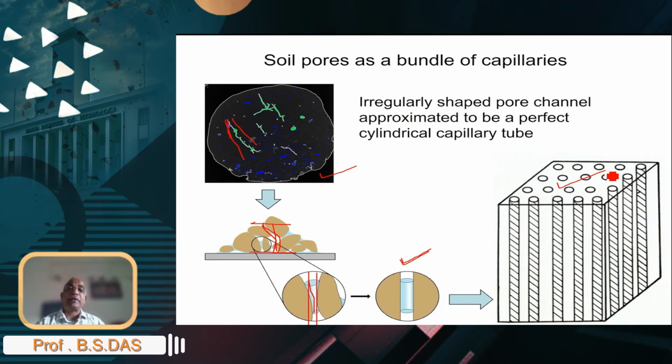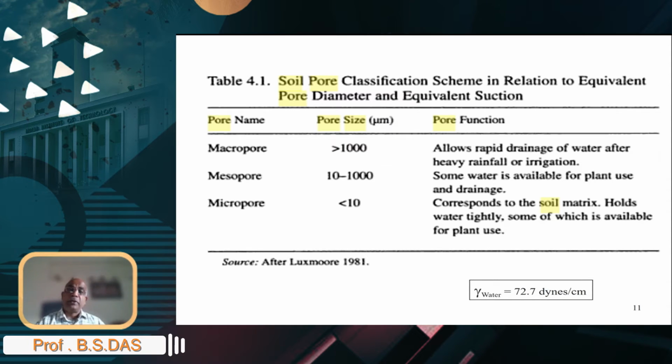Now, if you do that in a soil, when you look at different pore sizes and you want to apply this capillary rise equation and link the radius of the pore to the height of water that you are going to see, we know soil pore sizes, we have described this when we talked about the soil structure.